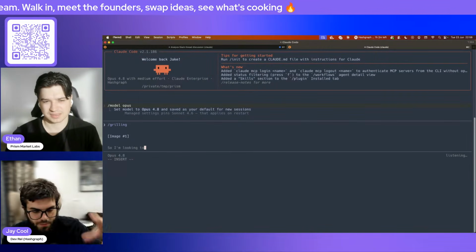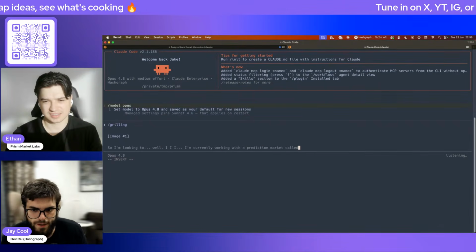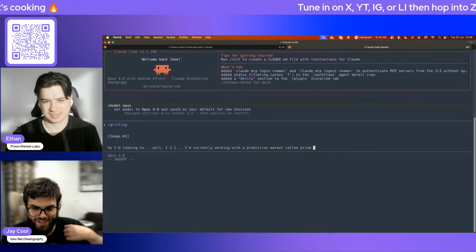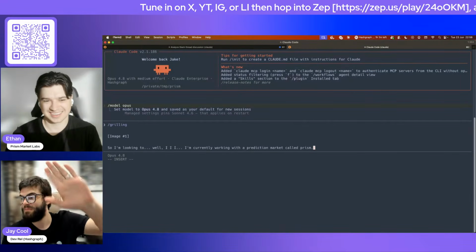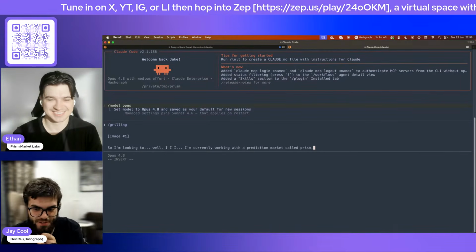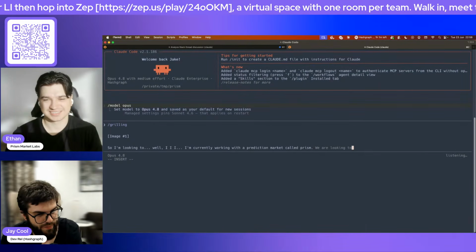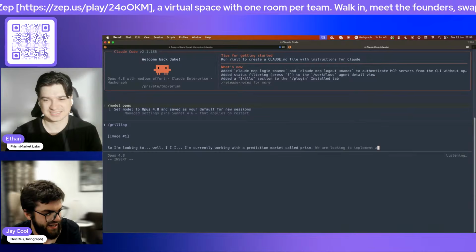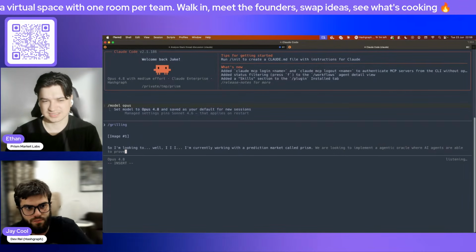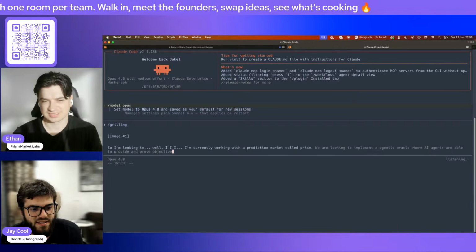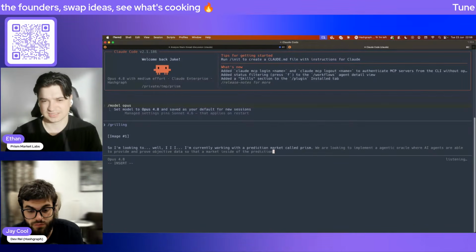I'm currently working with a prediction market called Prism. I spelled it right. I think it's just me who spells it with a Z. My bad for that. We are looking to implement an agentic oracle where AI agents are able to provide and prove objective data so that a market inside of the prediction market can resolve.